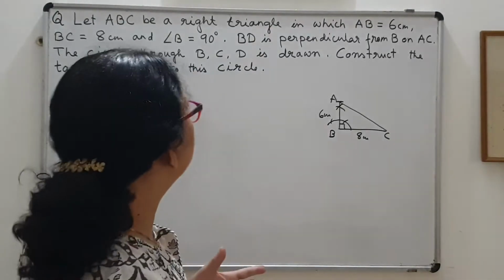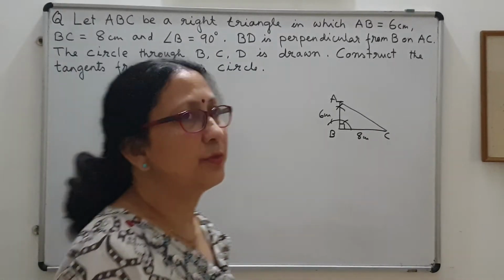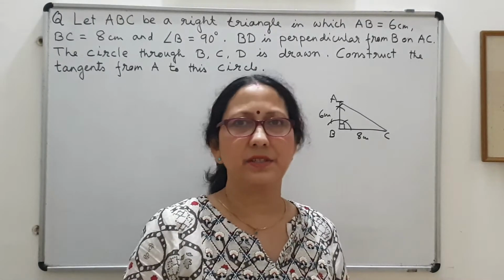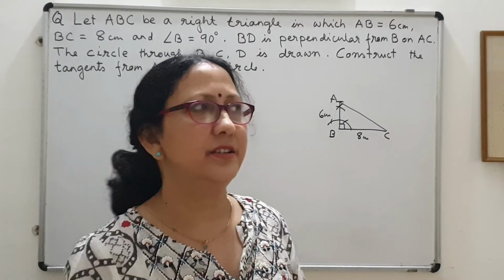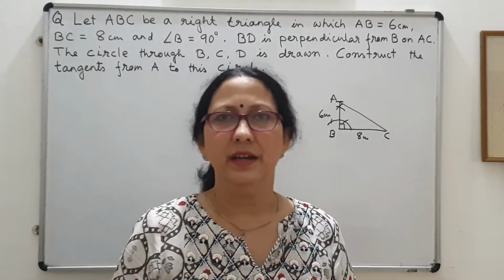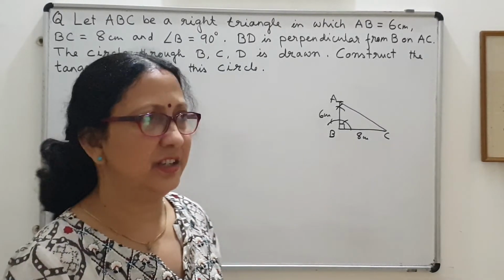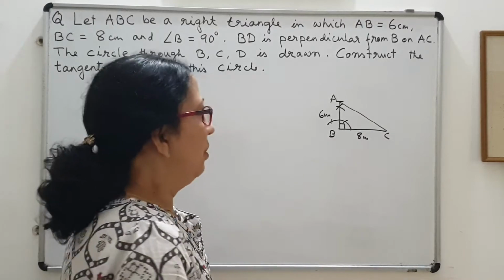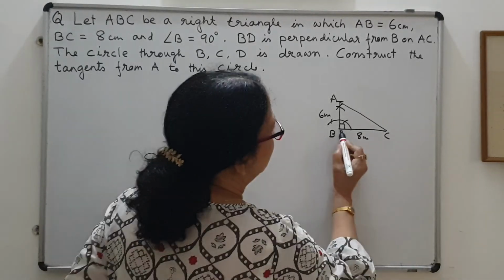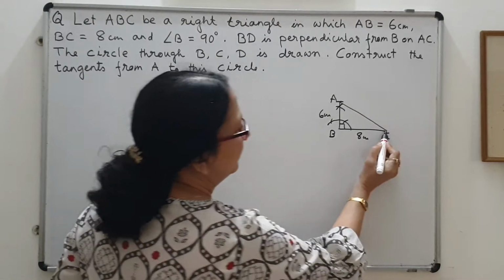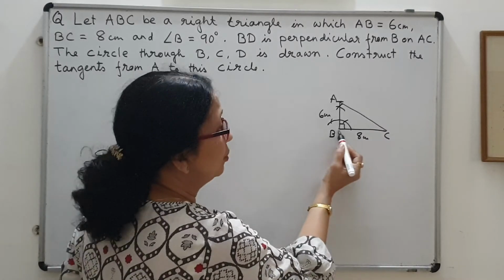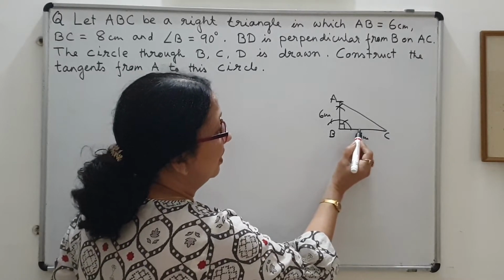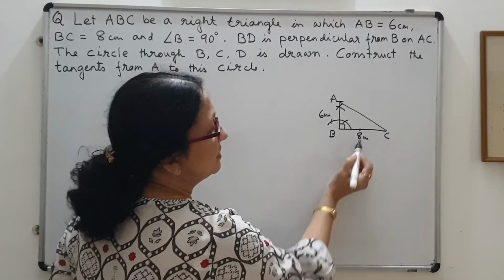So what will I do? Since we know the angle in a semicircle is a right angle, that is 90 degree, or the angle subtended by a diameter of a circle is 90 degree, we'll use that property. If I take BC to be the diameter, I can locate the midpoint very easily.